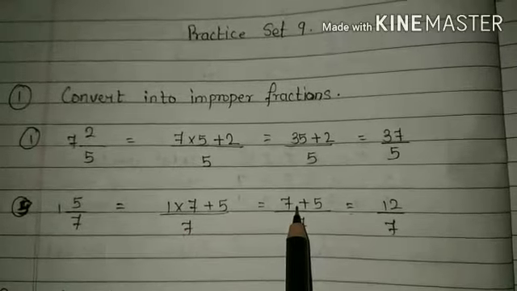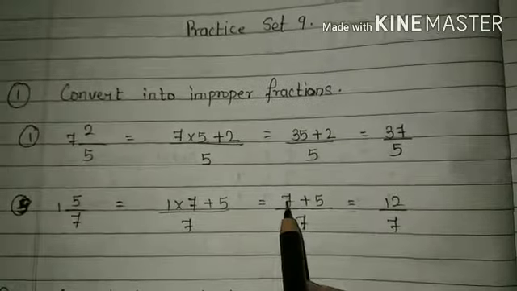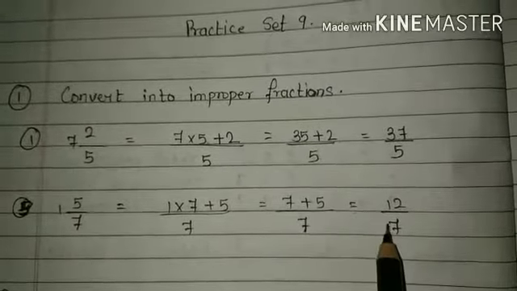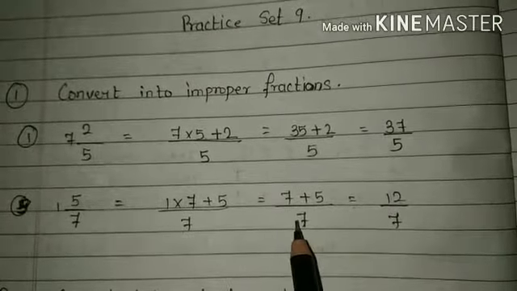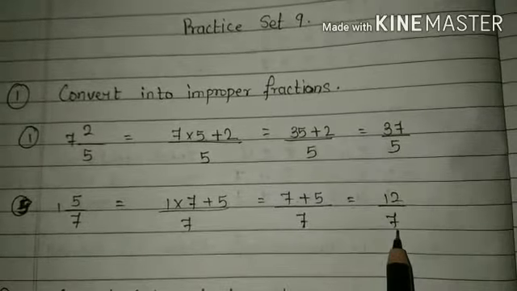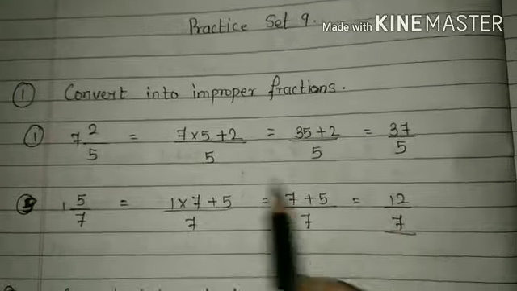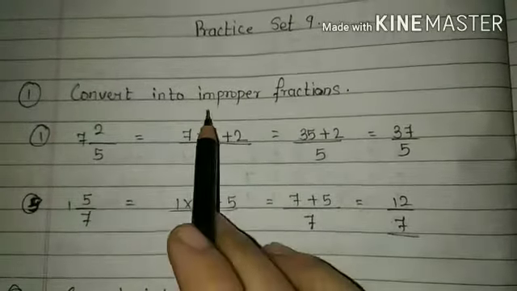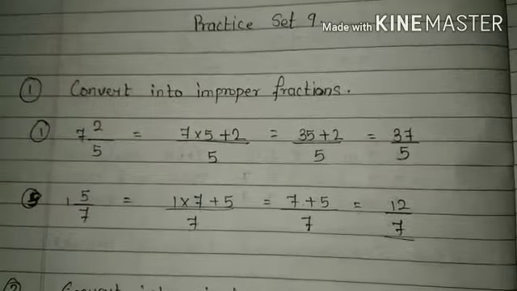We will write 7 as it is, then plus 5 upon 7. 7 plus 5, the answer is 12. And down we write the denominator, which is given as 7. So 12/7 is the answer. We have converted these two questions into improper fractions. The remaining questions you have to solve on your own.